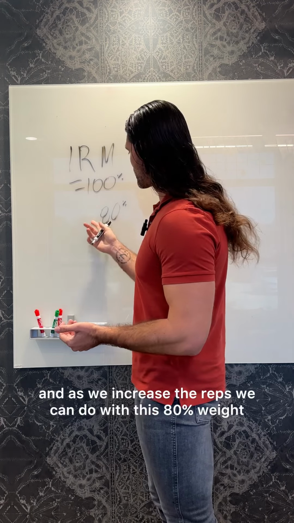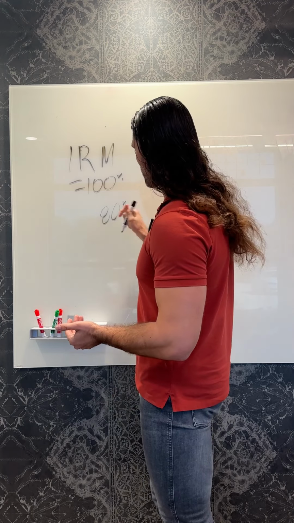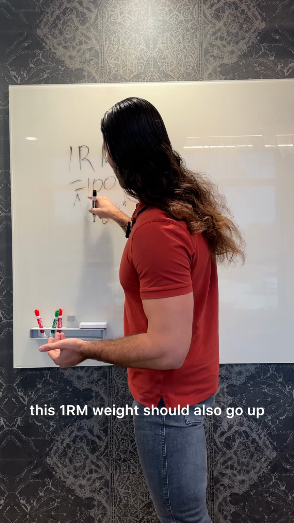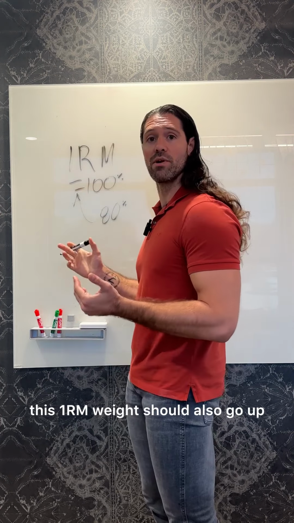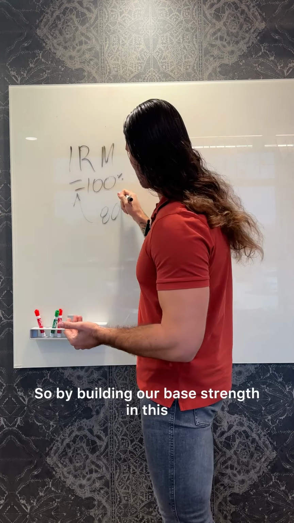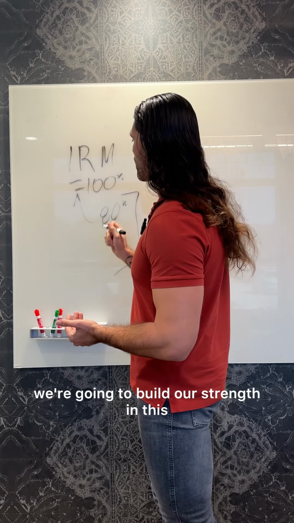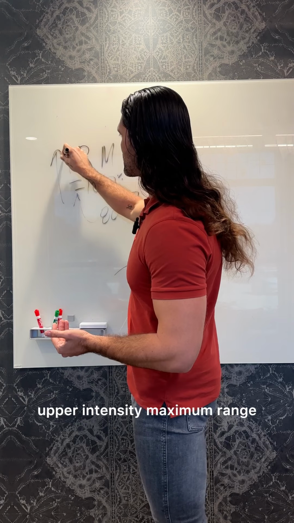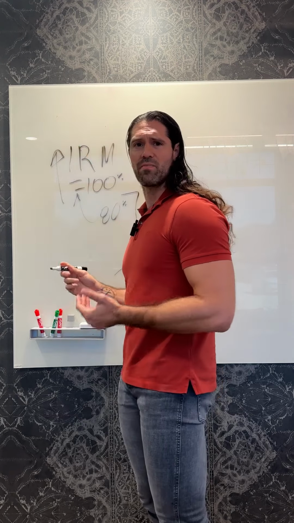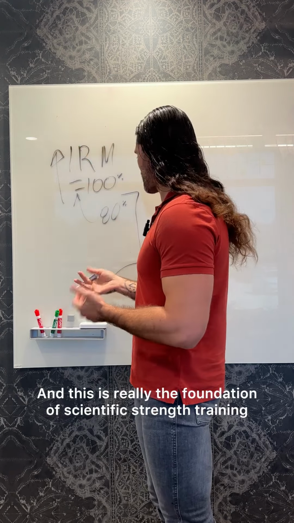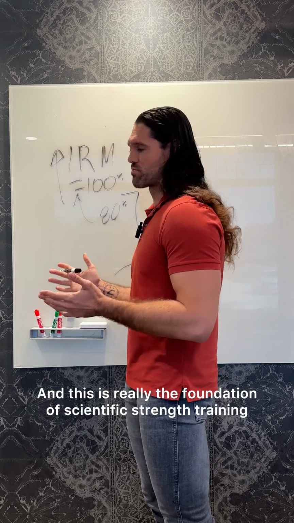And as we increase the reps we can do with this 80% weight, this 1 RM weight should also go up. So by building our base strength in this lower intensity range, we're going to build our strength in this upper intensity maximum range. And this is really the foundation of scientific strength training.